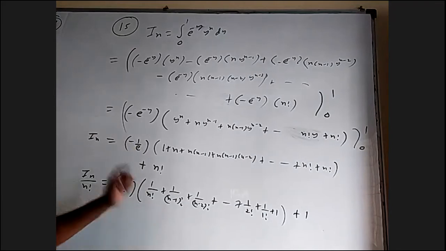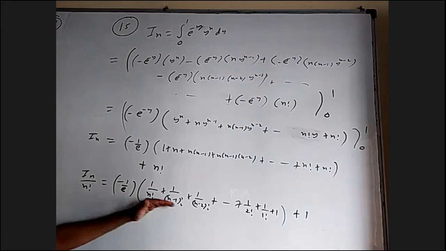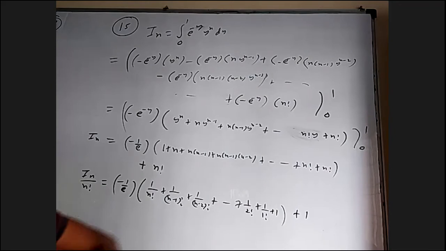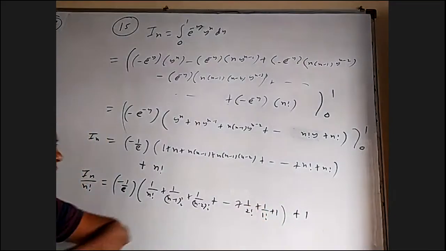Now these kind of things you should add from 0 to 1 to infinity. So how are we going to do that? I think actually we are supposed to do this up to n terms and then apply n times infinity. Otherwise it will be very difficult. Because you are going to get here 1 plus 1 plus 1 n times also.